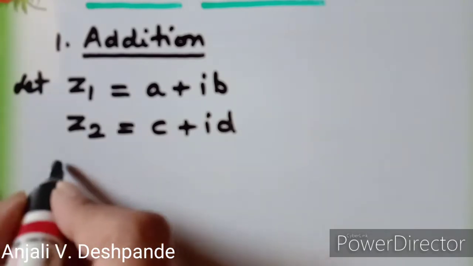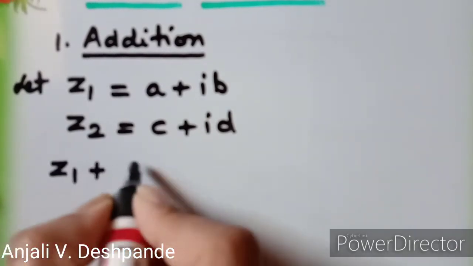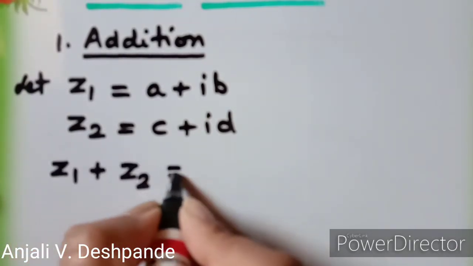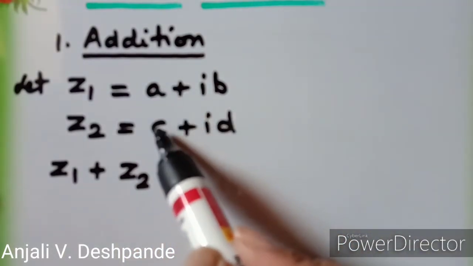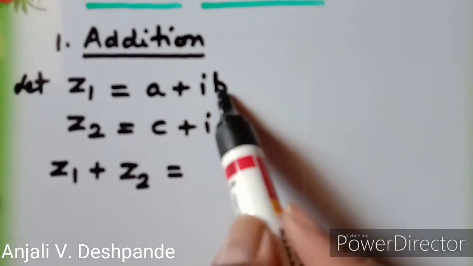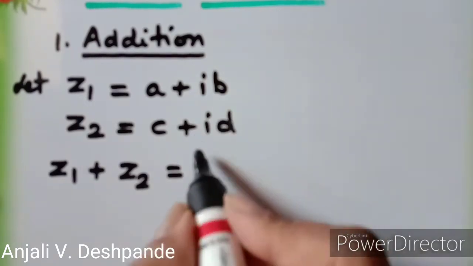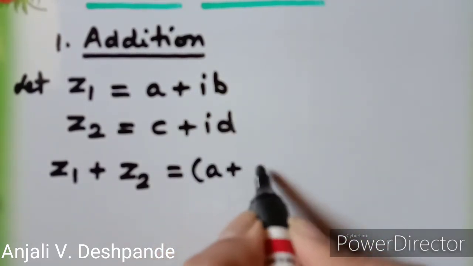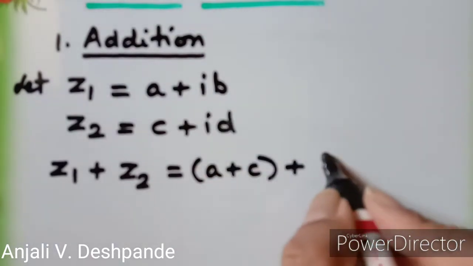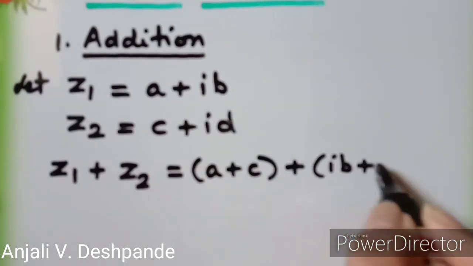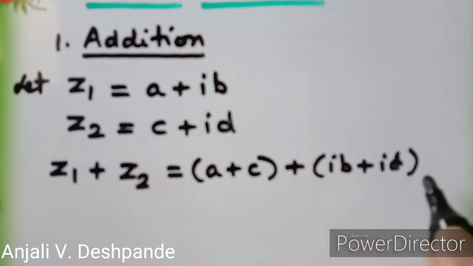So then in that case z1 plus z2 is equal to, see what we are going to do, we are going to add the real part to the real part, or the real number to the real number, and then we are going to add the imaginary part to the imaginary part. So this will be a plus c plus, now here we are adding ib plus id.